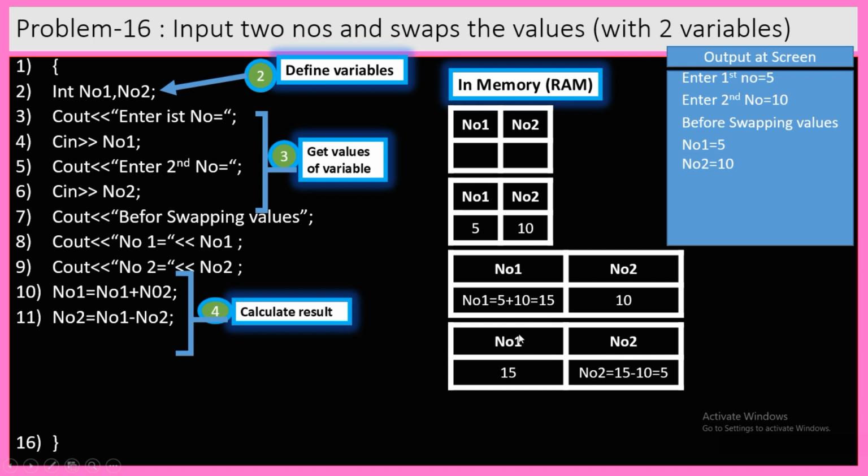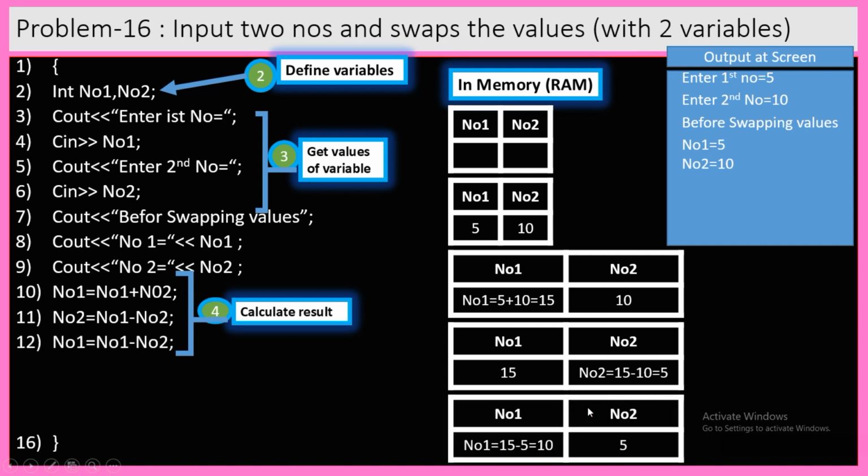At number 1 we already calculate 15, and line 11 simply calculate number 2 is equal to number 1 minus number 2. At number 1 we have 15 and number 2 is equal to 10, that the final result at number 2 is 5.